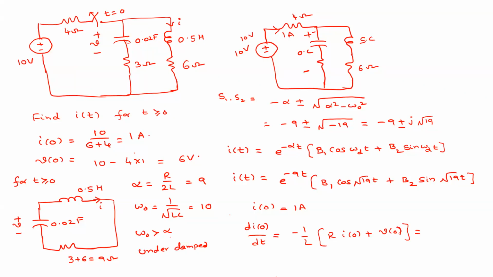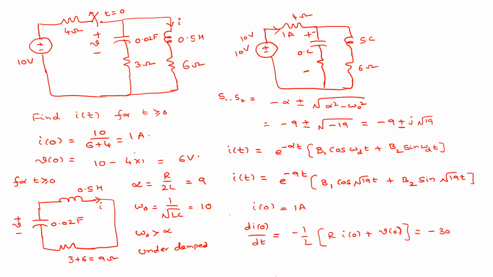Okay, what is this value? 9 plus 6 is 15, into 2 because L is half, so minus 30. R into I of 0 is 9. Minus 30.